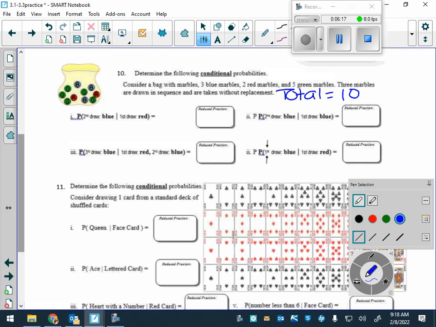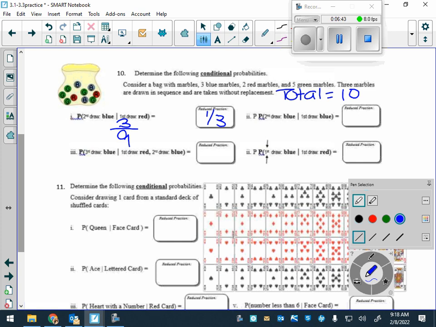That makes it dependent, meaning it's not going back in. So, the probability of the second draw is blue, given you have already chosen a red. So, if we already chose a red, what is our total down to? 9. Out of those 9, how many of them are blue? 3. So 3/9 is 1/3.